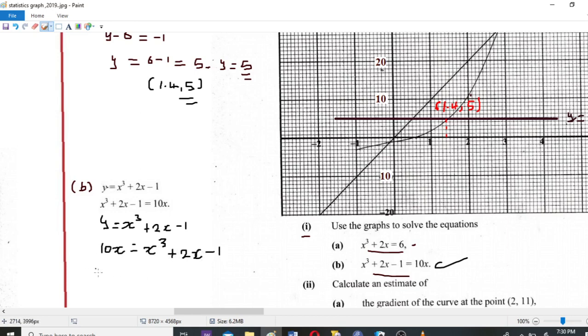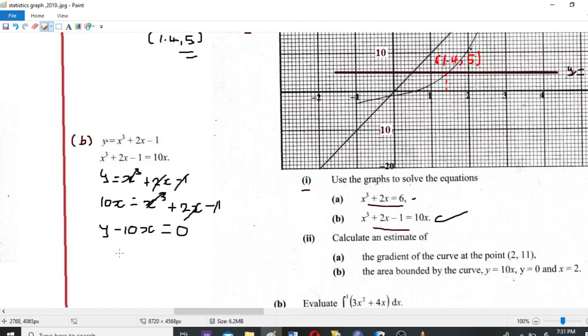If we subtract, we have y minus 10x equal to x cubed, that's a 0, 2x, that's a 0, negative 1, that's a 0, right? So this side we are having 0. Collecting the like terms, we have y is equal to positive 10x.